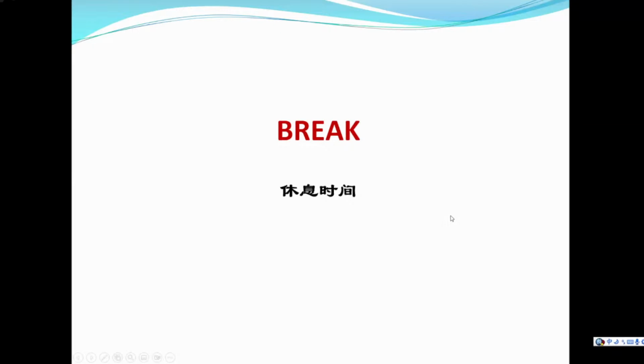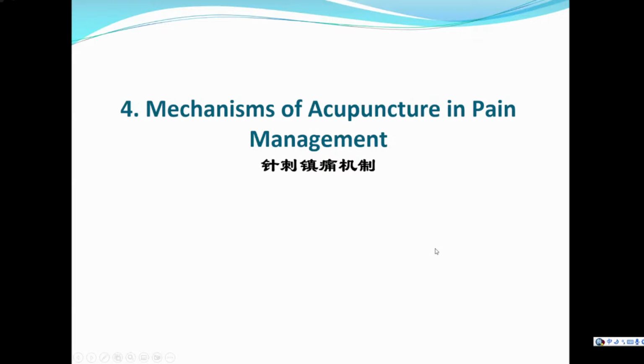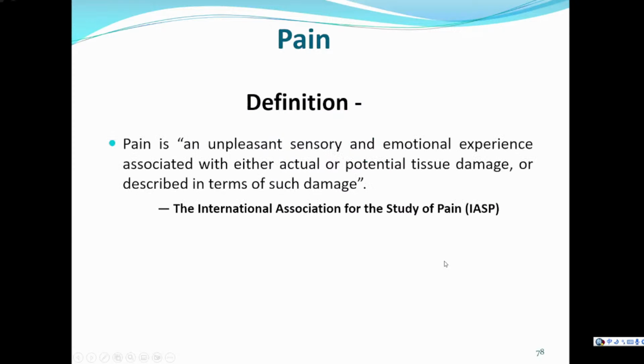All right, let's continue. So we discussed the evidence and the ancient development, and also in the United States. But now we discuss the mechanism of action. So let's look at this. This is a little complicated in every patient, but I'll try to be as simple as possible. Here we have different definitions of pain.